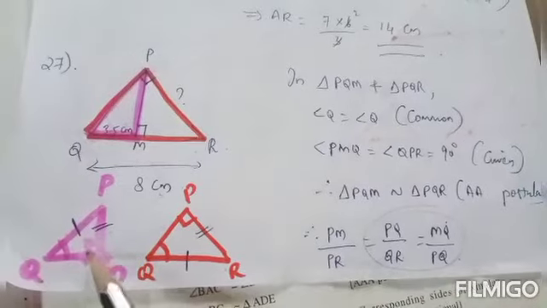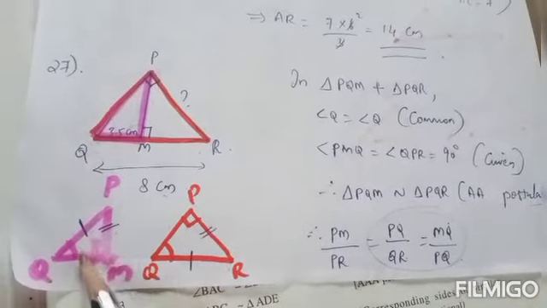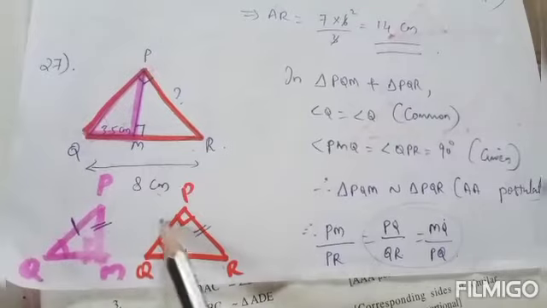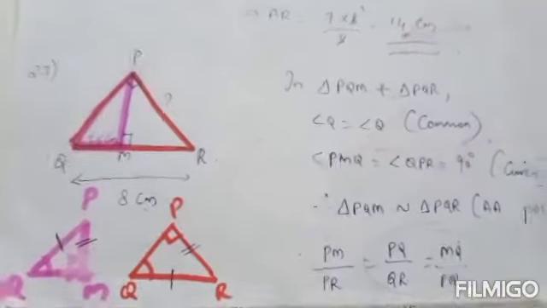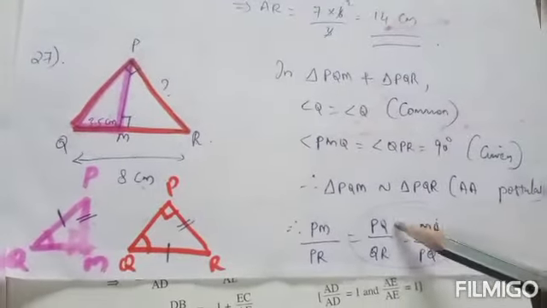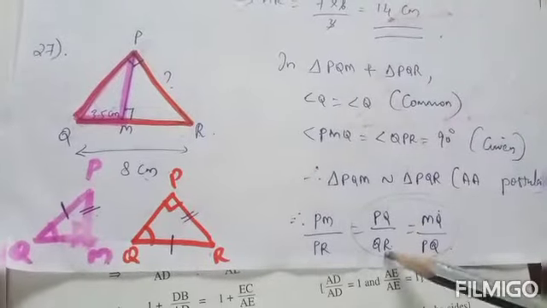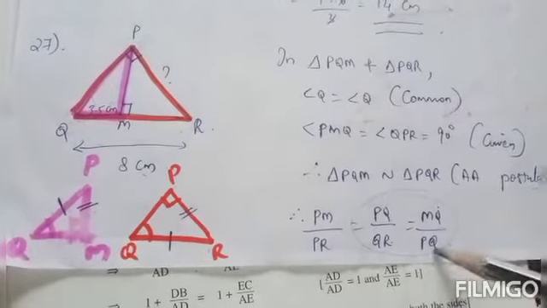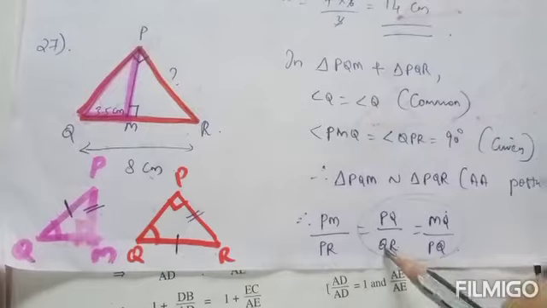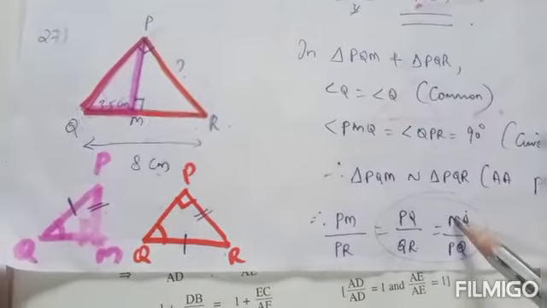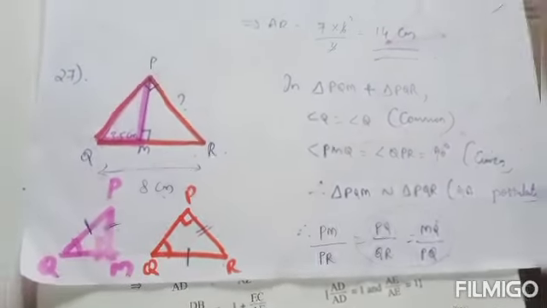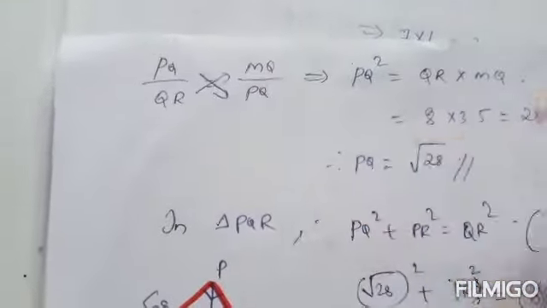Now the remaining sides, it is MQ by PQ. Now here you can take these two ratios, PQ by QR and MQ by PQ, since the lengths of QR and MQ are given. So PQ by QR equal to MQ by PQ.